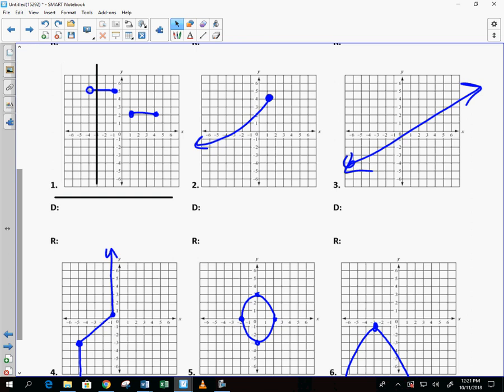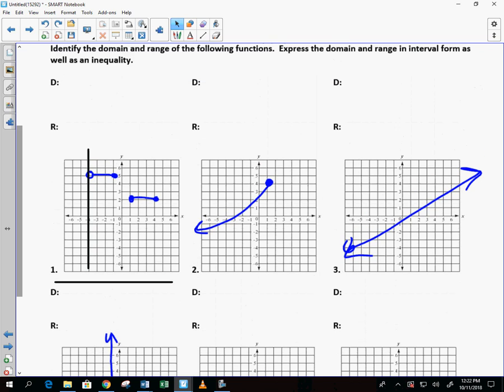However, if I move over to -3, does the graph have an output at -3? What's the height of the function at that spot? 5. Yeah. You plug in -3, you get 5. In fact, you start picking up values right after -4. The open circle means that you don't have a value at -4, but rather directly after -4. So the domain of this function begins with -4 to -1 bracket.